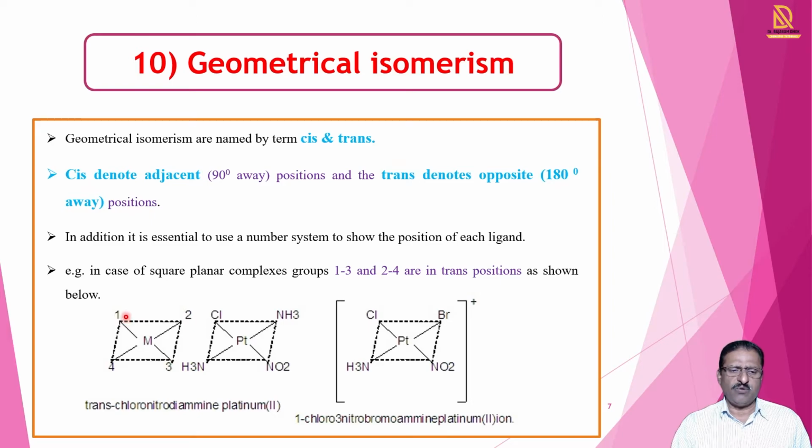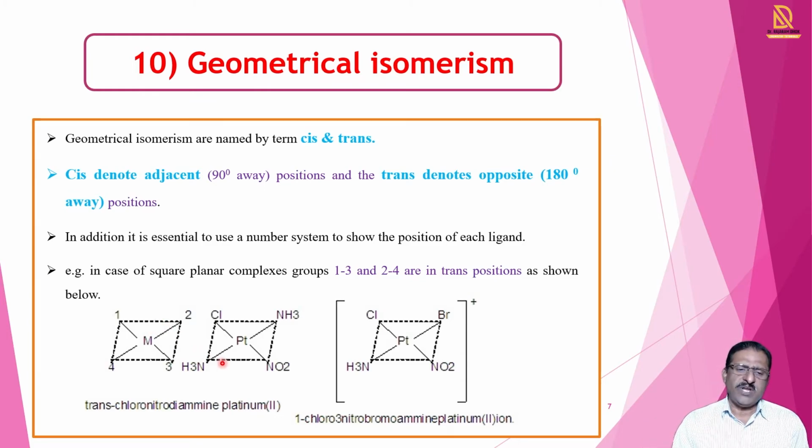So if we give number 1 here, then we give 2, 3, 4 in order, or we can number in this other way. We only take care that we give number 1 first, and after that the other numbers are given sequentially in the clockwise or anti-clockwise direction.